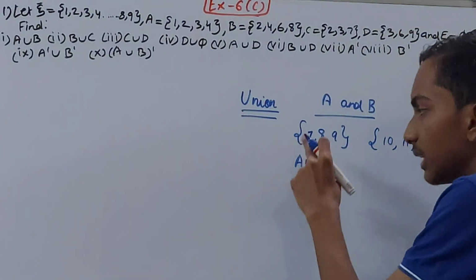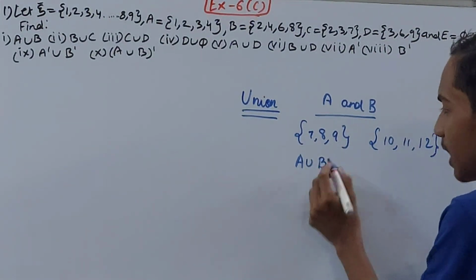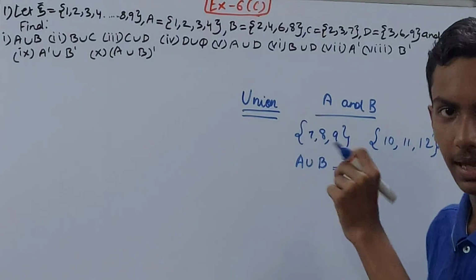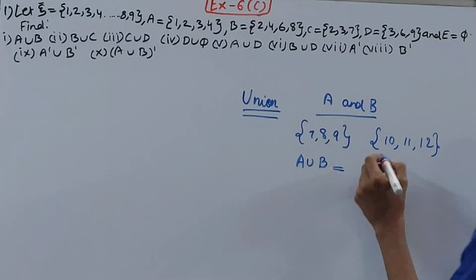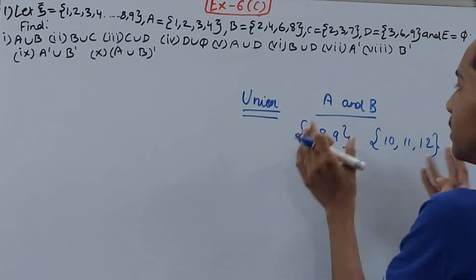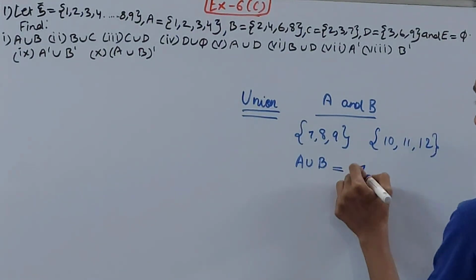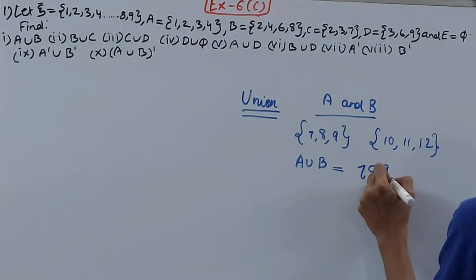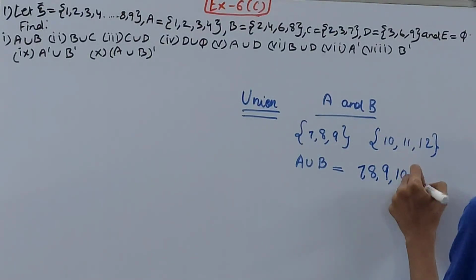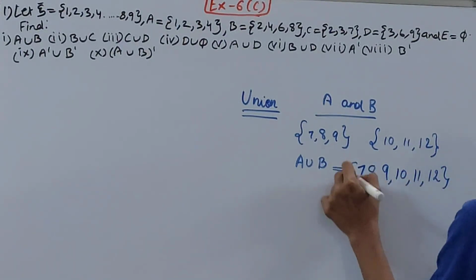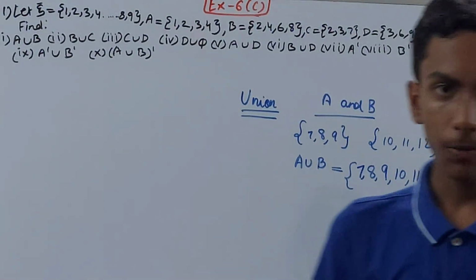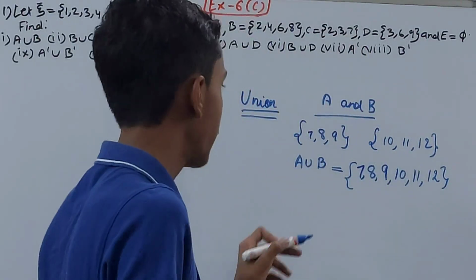It means I have to make the union of both these sets A and B. I will write down the elements in A and B both, combining them: 7, 8, 9, 10, 11, 12. This is the union of the sets A and B. This is how it is done.